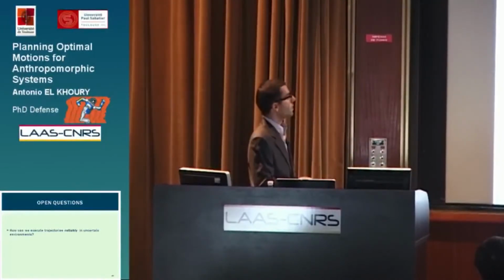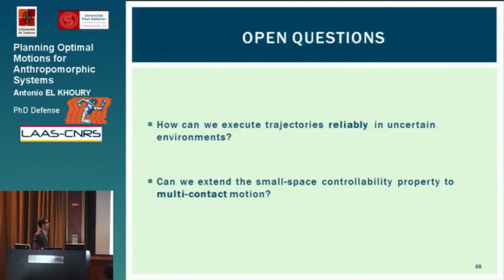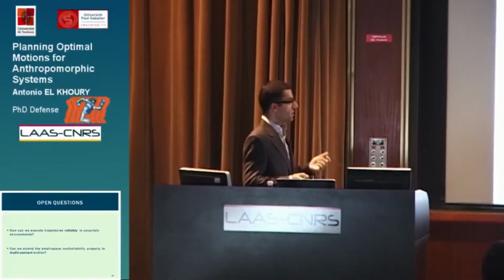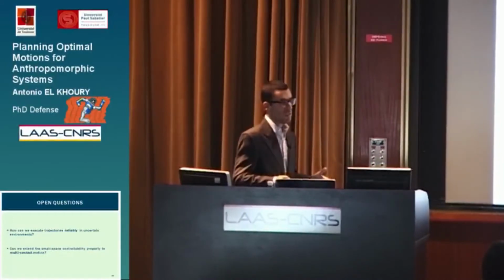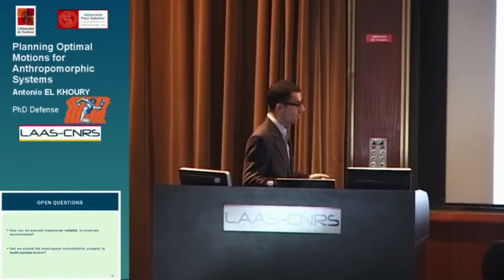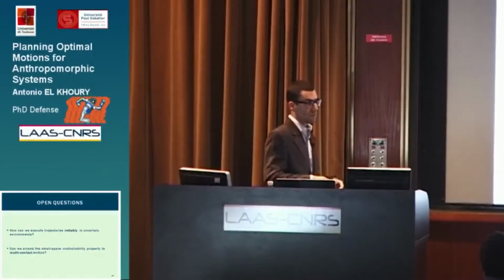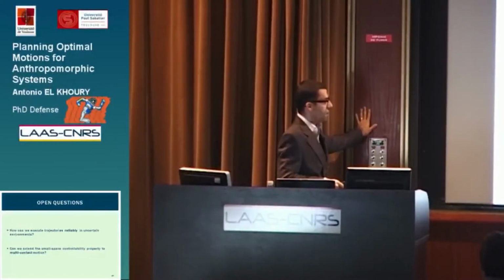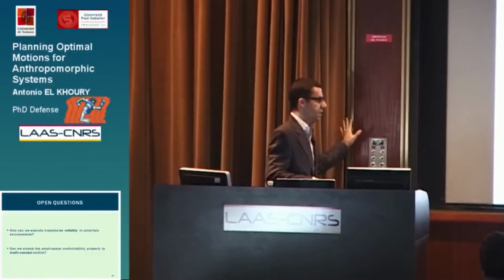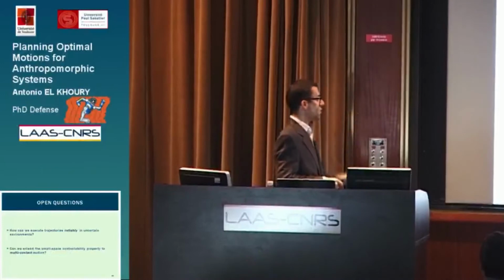Now, the second question that I'd like to ask is, we saw that the small space controllability property is very nice. It's very useful, especially for generating dynamic walking motions, but on a flat surface. And the question is, can we extend this property to multi-contact motion? So if we imagine that we are still, for example, walking on a flat surface, and we want to use the robot's hand to take support on the wall.